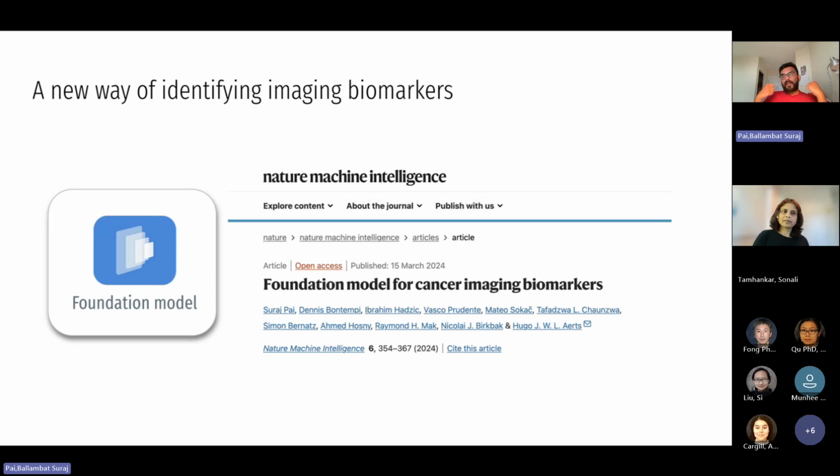You get more generalizable, robust models which work well in low data settings, because owing to their pre-training, they build a robust set of representations, which means that when you train it on the actual data set, they can still work with smaller sample sizes. So we thought, why not build something like this for the imaging biomarker space for cancer?